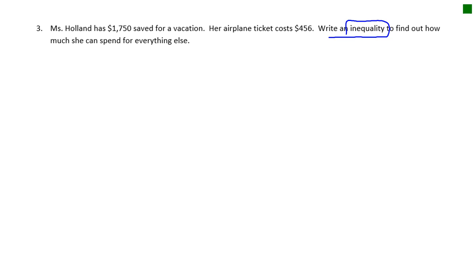For this problem, I know the total is 1,750 because that's how much money I have. Think about it yourself. If that's how much money you have, can you spend more money? Obviously, you can't, because that's all you have. So that means everything else has to be less than the money that you have. So my symbol is greater than or equal to.